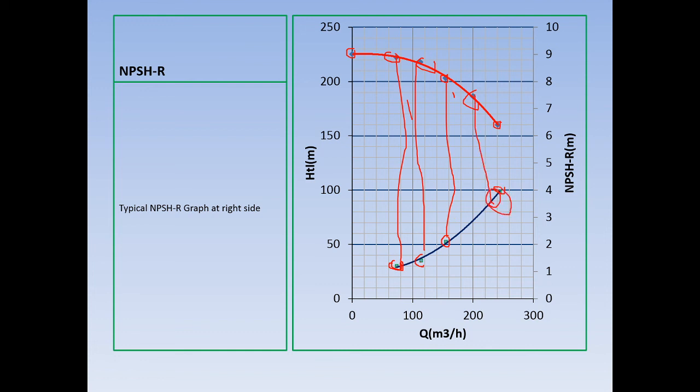So this is quite interesting data: NPSH required is more polynomial. The higher your flow capacity, the more NPSH required you need. Why so?